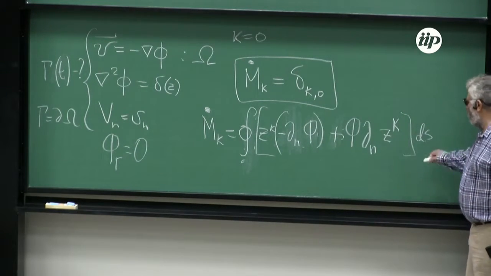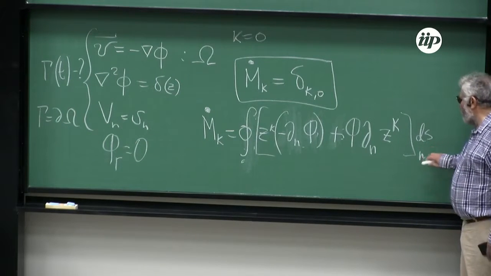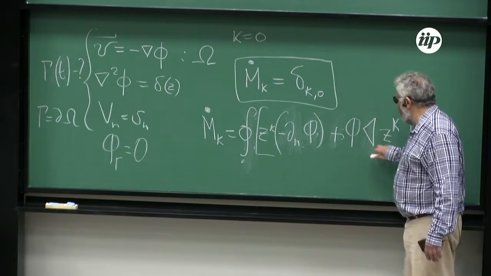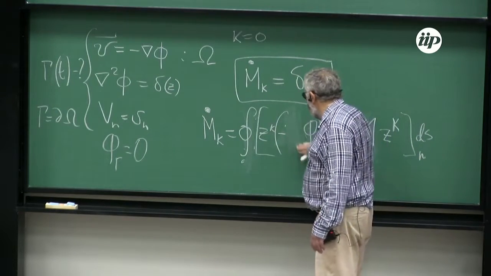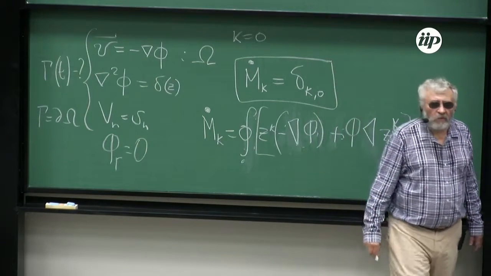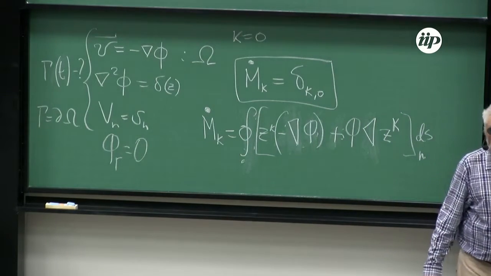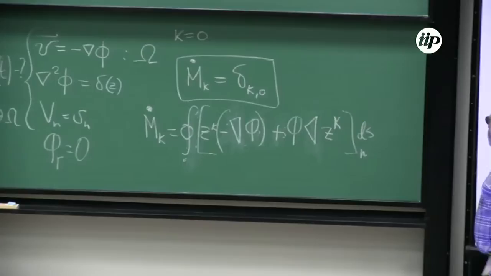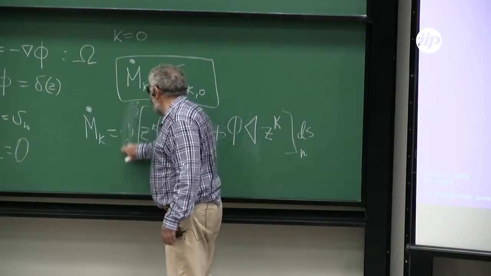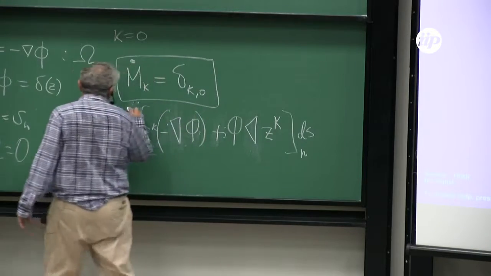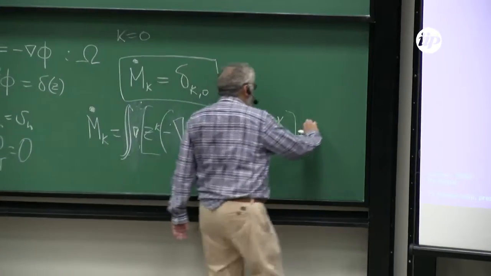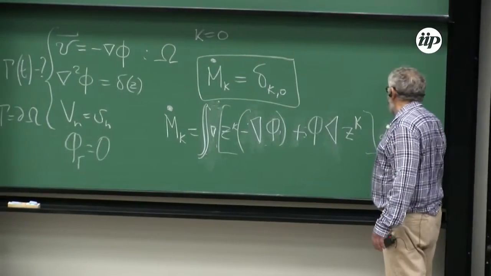Now, what you see here is a flux of this vector field, where I merely replace the normal derivative by nabla. By Stokes or Gauss theorem, the flux of a vector field is the divergence of this field, and that's all.